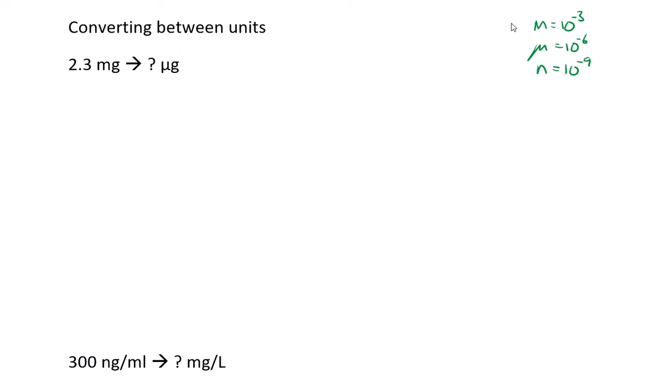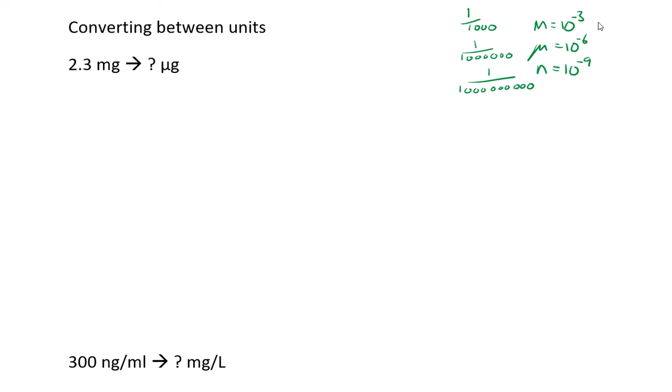Another way of writing 10 to the minus 3 is 1,000th. 10 to the minus 6 is 1 millionth. And 10 to the minus 9 is 1 billionth. Okay, so you can see why we don't use zeros like that, and that's why we use this power exponential notation.